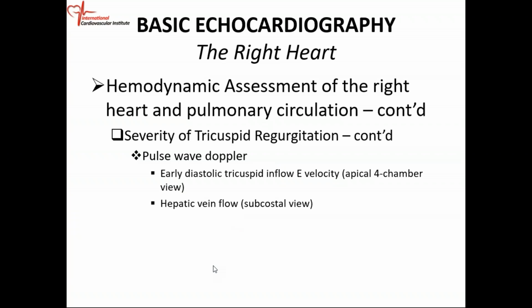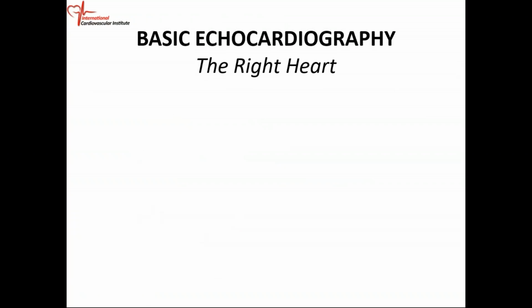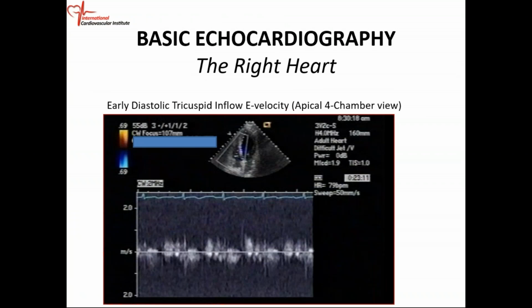The assessment is going to impact how you treat the patient. So get all the information to make a correct assessment. Again, when you do your tricuspid inflow, you're going to get a big E velocity, just like your MR.